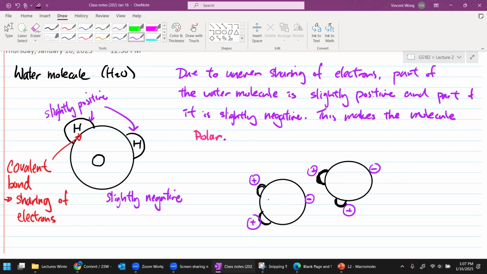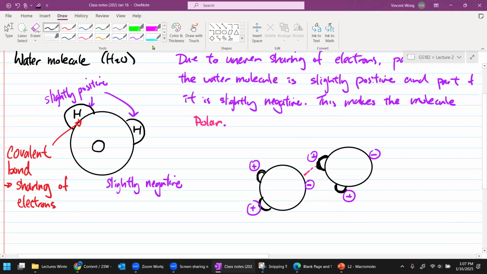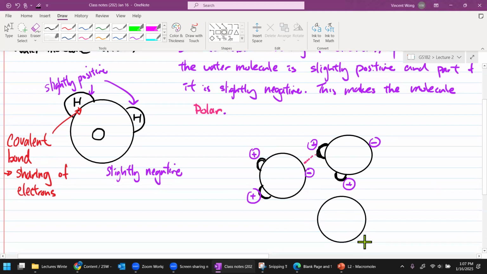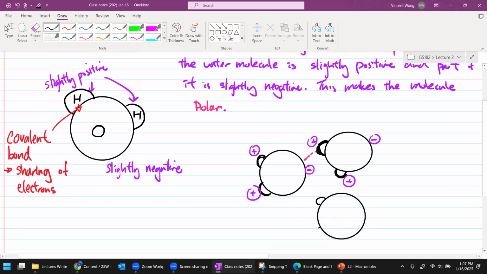So there's going to be an attraction between them, like that. If you want, you can draw one more. So again, the negative here is going to be attracted to the positive, and the positive is going to be attracted to the negative. So these attractions, they are called hydrogen bonds.